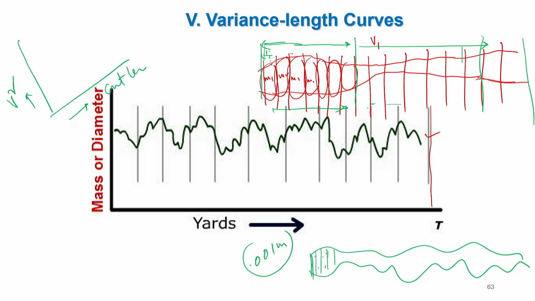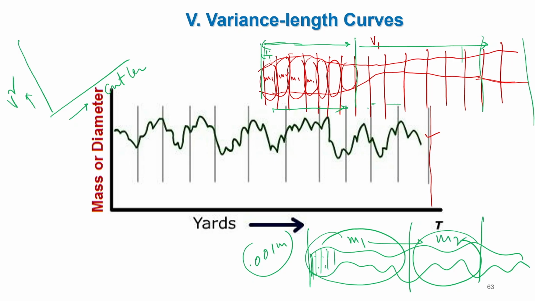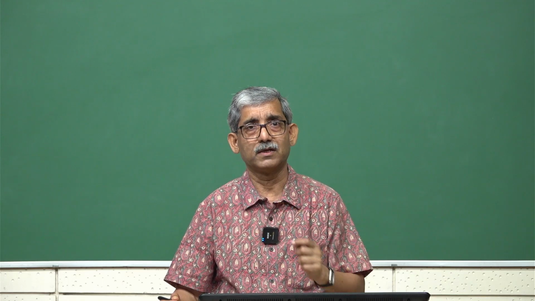When we go on increasing the cut length and take the average of this and the next cut length, the variability between the M1 and M2 average will be much lower. If we go on taking a large number of data and calculate the standard deviation, CV percent and variance will be reducing.